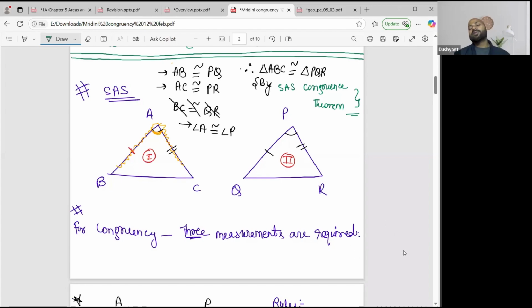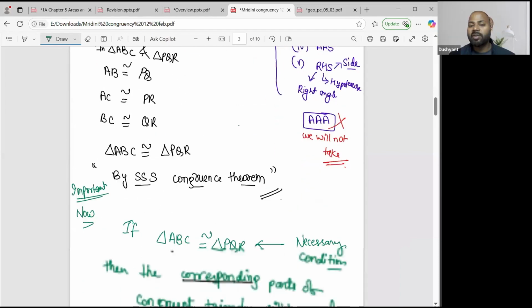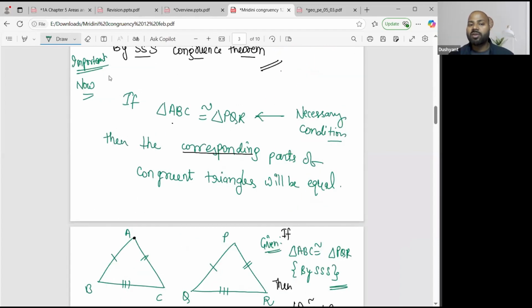If two triangles you are claiming are congruent, what's the next property that we use? If two triangles are congruent, then one property, which is this one, corresponding parts of congruent triangles will be equal. That should be the next thought in your mind. Is corresponding parts for all the properties?